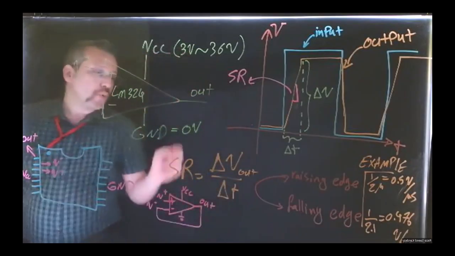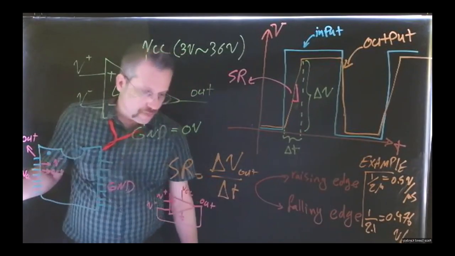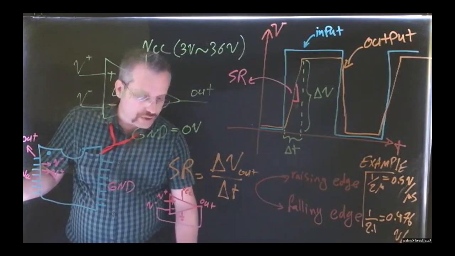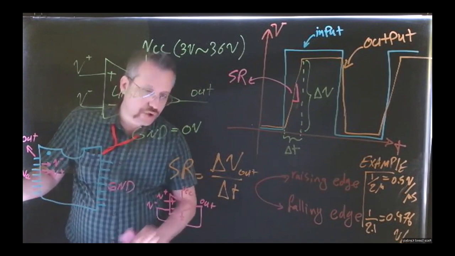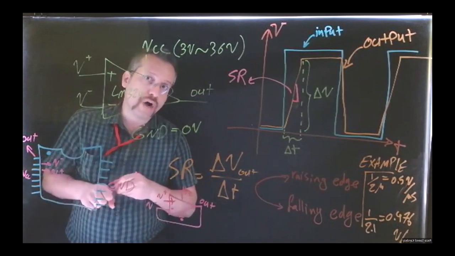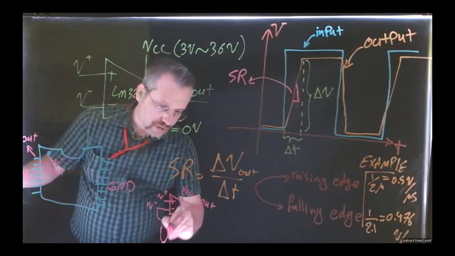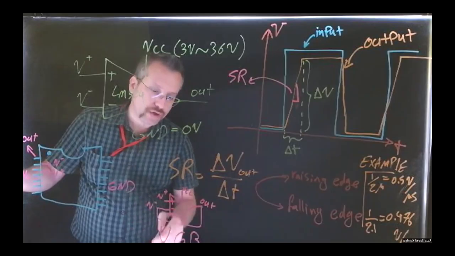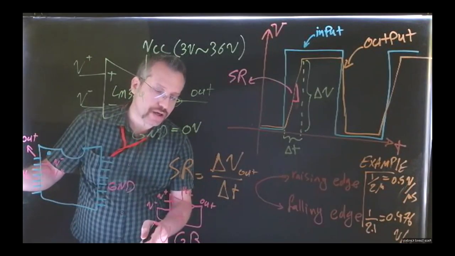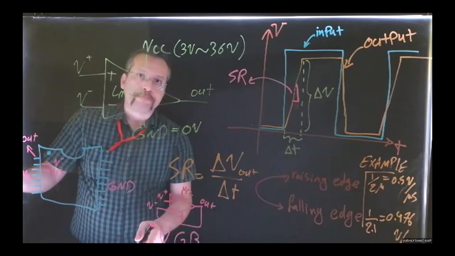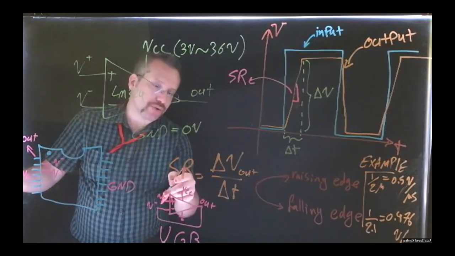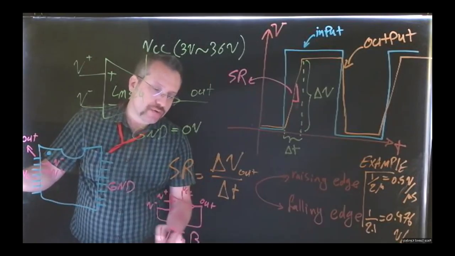In order to measure the slew rate in our laboratory, we are going to use a unity gain buffer op-amp. Okay, so this is the unity gain buffer. We are going to use this configuration of op-amp in order to measure the slew rate.